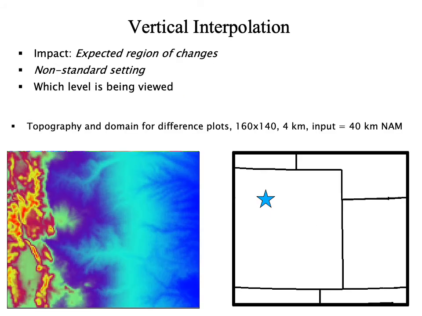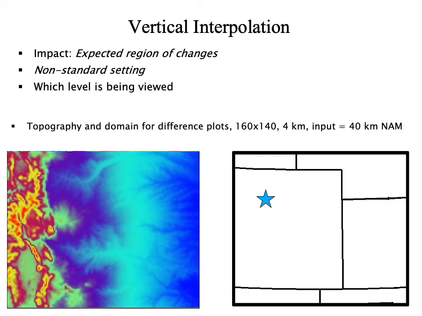On the left-hand side is a picture of most of Colorado and a little bit of Kansas and Nebraska. The field that's depicted is topography. The area on the left, where it's kind of chopped up, is where the Rocky Mountains are located.